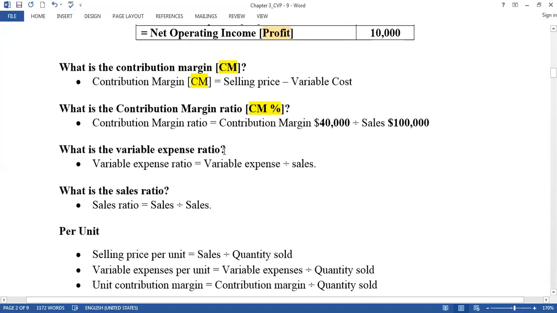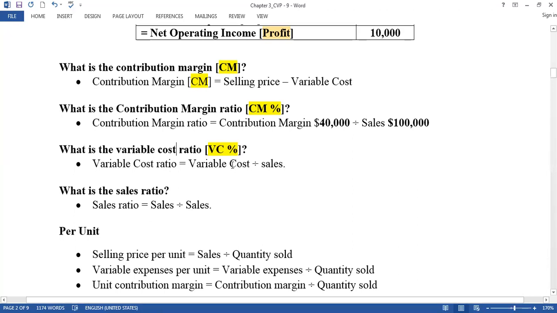Then we are going to calculate the variable cost ratio, also called the variable cost percentage. The formula is variable expense ratio equals variable expense, or you can write variable cost also, no problem. Expense and cost are similar.